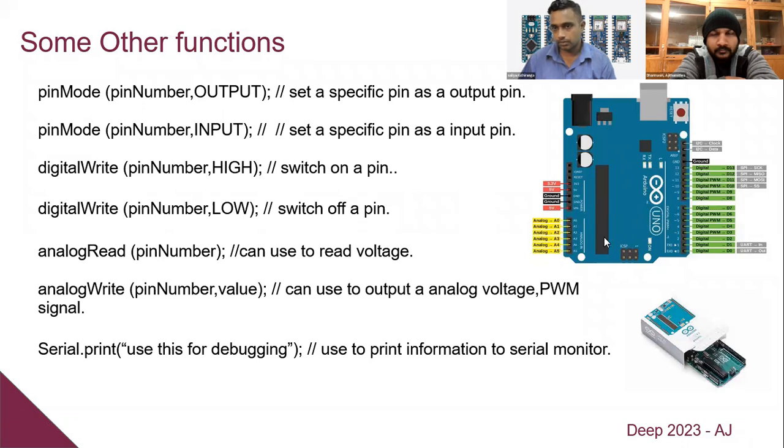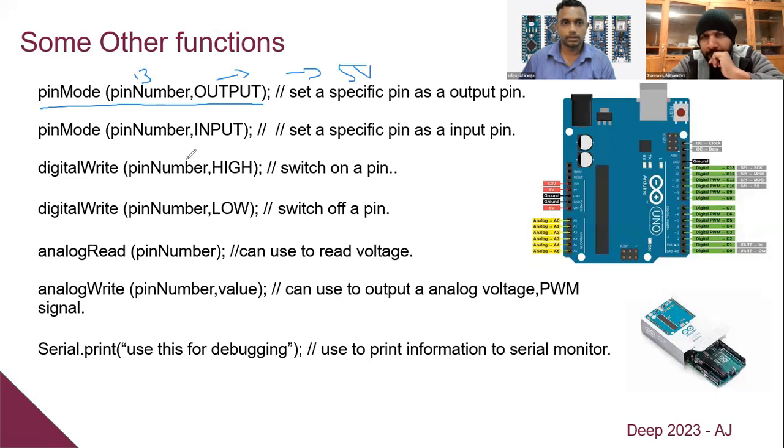Let's say we want to drive an LED connected to pin 13, then that pin needs to output a voltage. So we have to configure that pin as an output. This is the way you tell the microcontroller, I need this pin to be an output. Let's say pin 13, then it's output. When this code runs, it will output 5 volts from that pin.